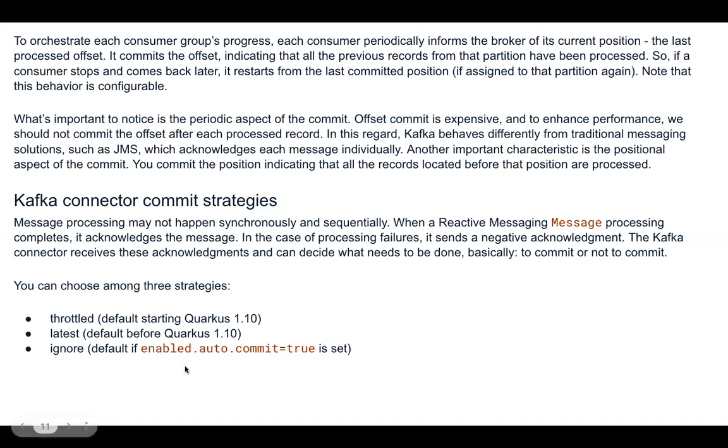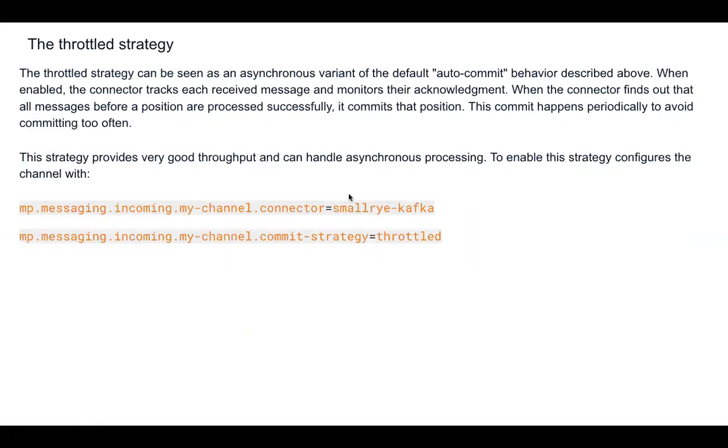Now, what are the commit strategies? Earlier, we saw the failure strategies. Now, what are the commit strategies? Throttled, latest, and ignore. Let's see what each means. What is throttled? It can be seen as an asynchronous variant of the default auto commit.